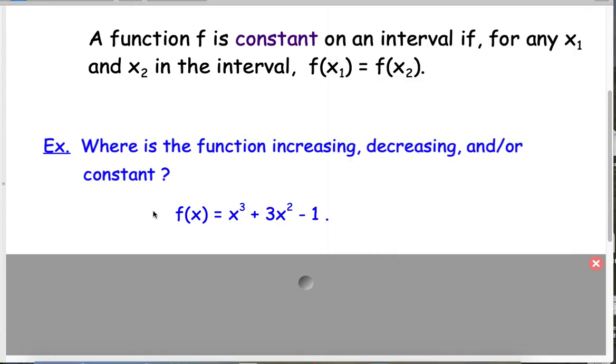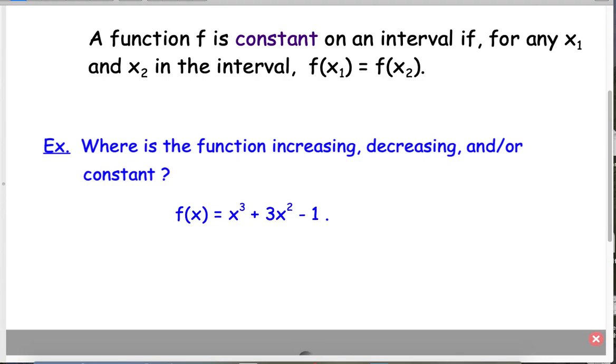Okay, so now we're ready to write where this is increasing or decreasing. So the function is increasing from -infinity to -2, and I'm not going to include the endpoint. And then union with 0 to infinity.